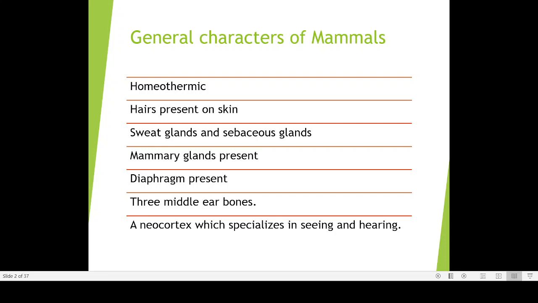Then we can find three middle ear bones. Have you studied the middle ear bones or ear ossicles? Three very small bones in your ear, known by the name ear ossicles. You have studied it in plus two class. Can anybody tell?